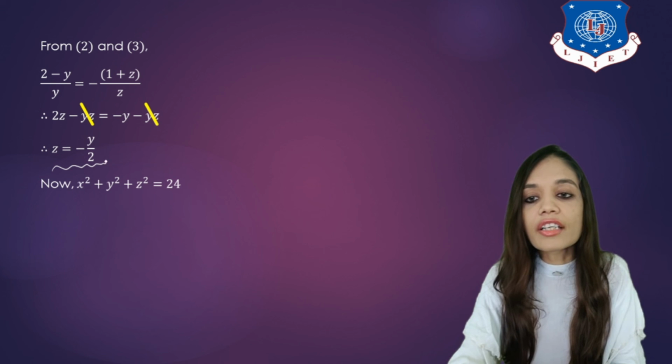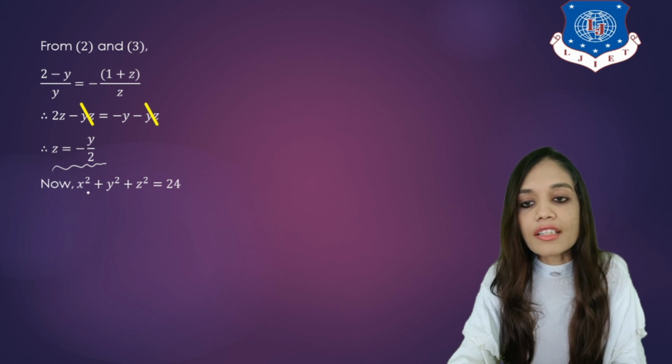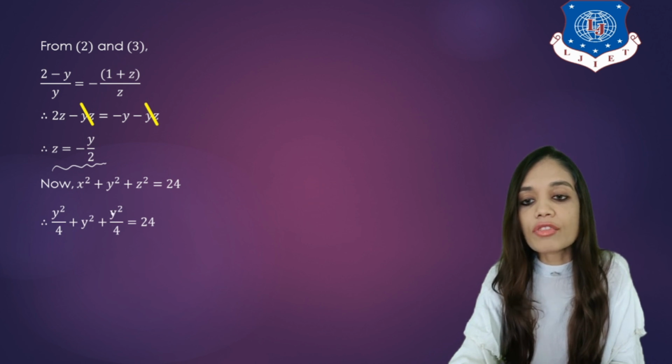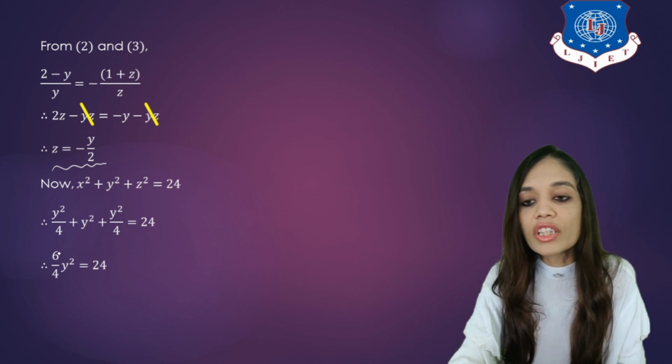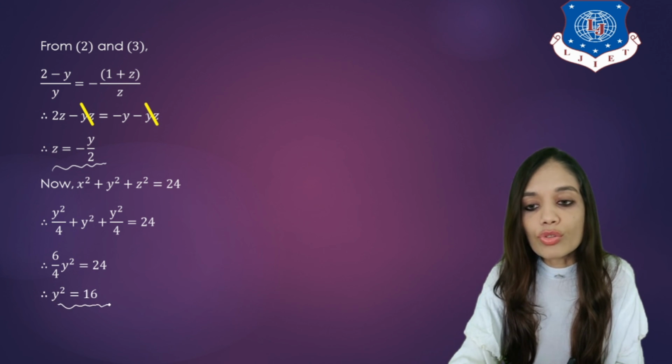Now using these conditions, we will simplify x square plus y square plus z square is equal to 24. So put x is equal to y by 2 and z is equal to minus y by 2. You will get the following. Now simplify. So you will get 6y square upon 4 is equal to 24. So y square will be finally equal to 16.